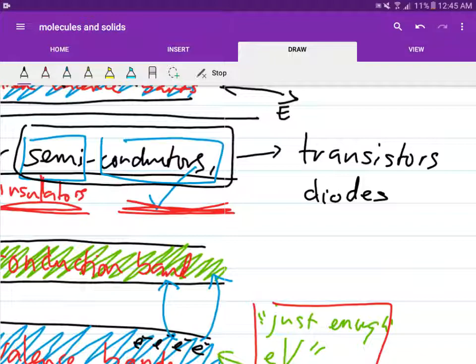So needless to say, they are the ones responsible for the operation of smartphones, computers, anything that has to deal with electrical components.